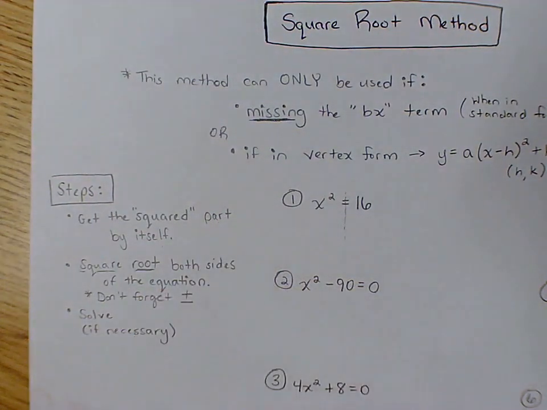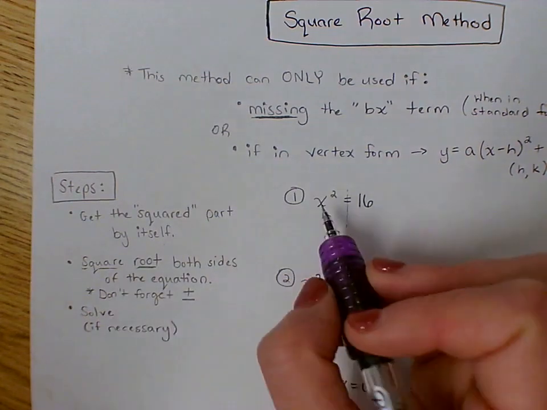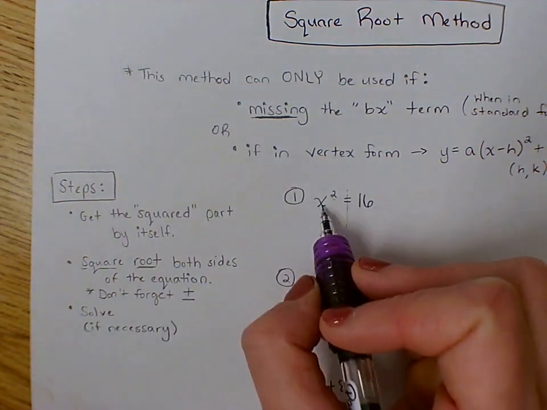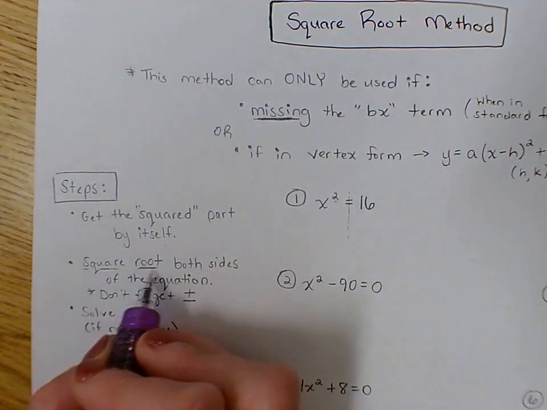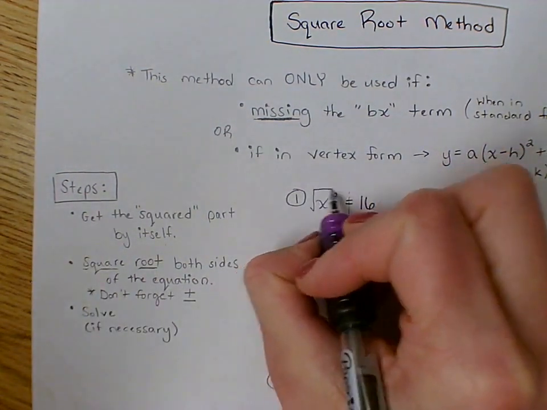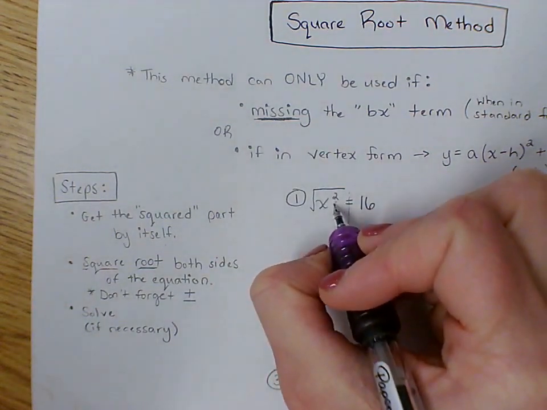Then, to actually do the solving part, we have to get rid of the square because we want to get the x by itself. So the opposite of squaring is square rooting. So you're going to square root that side so that the square will go away.